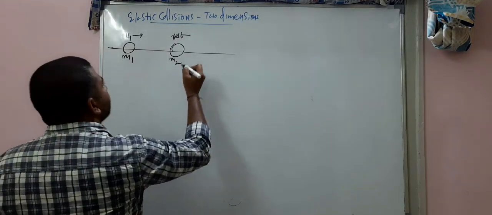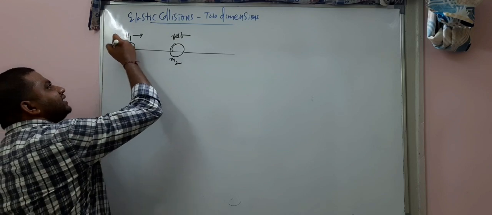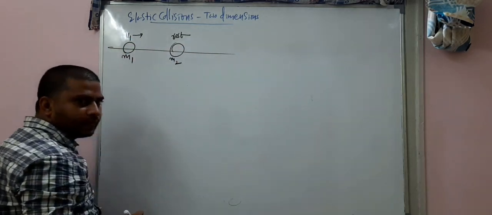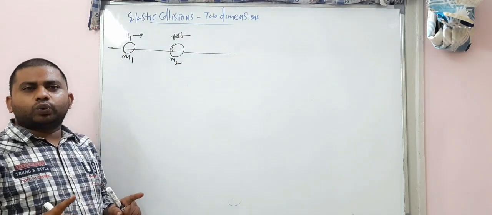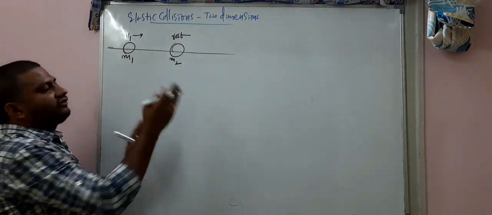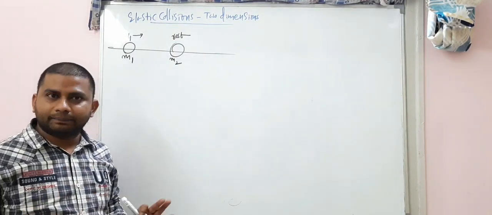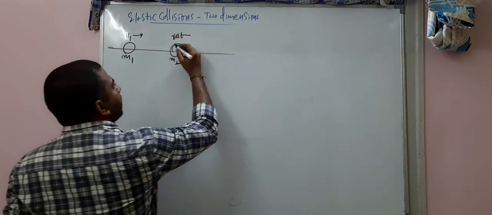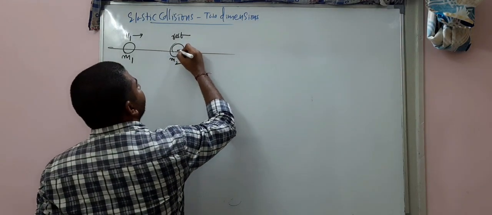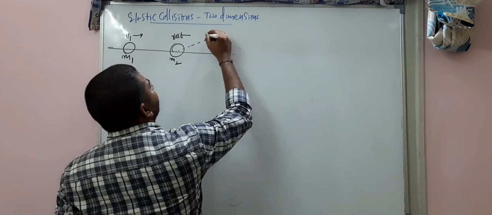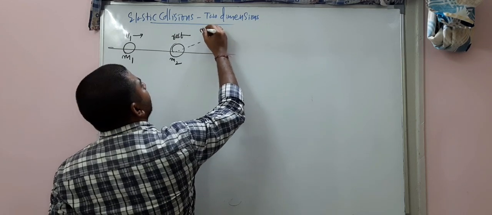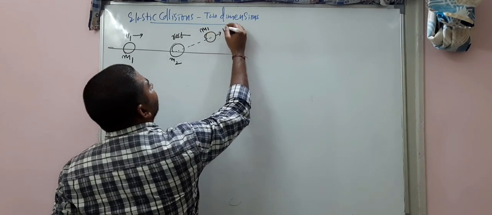Now, this is the line of motion. In one-dimensional collision, what happened? Before the collision and after the collision, the line of motion was the same. Now, this is the body of mass m1 moving like this with a velocity v1.